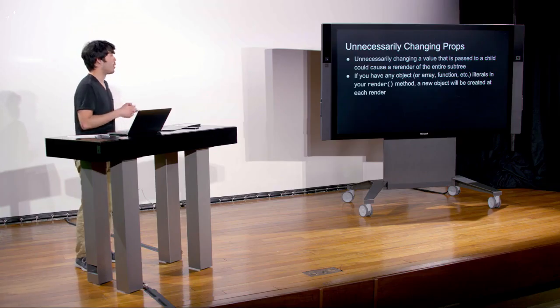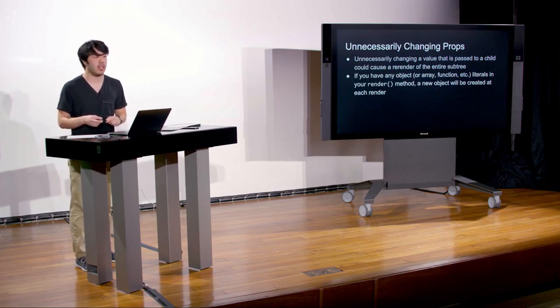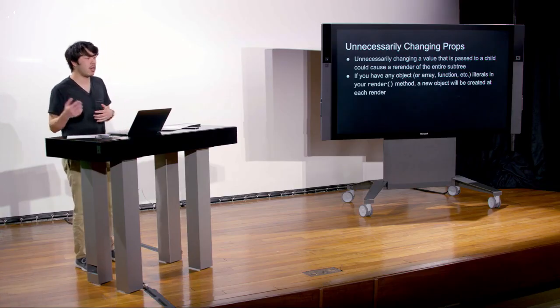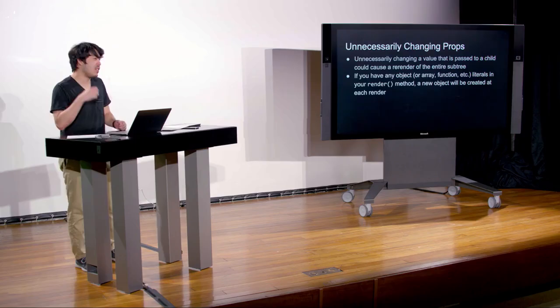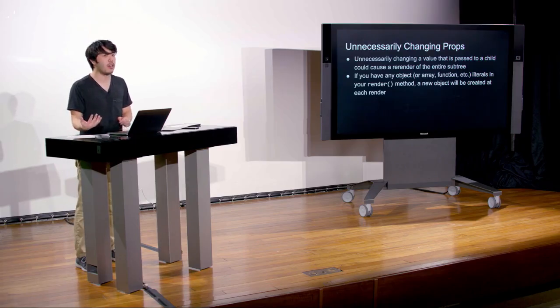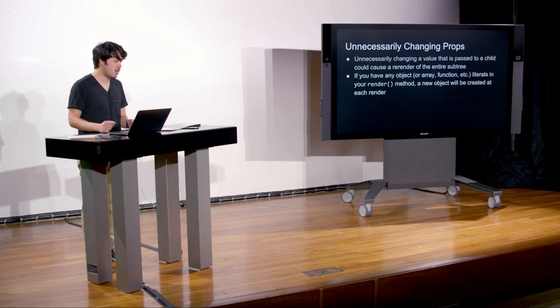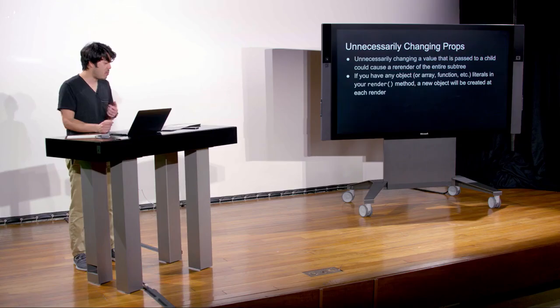This is something we see all the time. Say we have an object, an array, a function, or anything that can be expressed as a literal. Say we have an object literal in our render method. That means every single time this component is rendered, a new object is created, just because it's an object literal. So we might be rendering something that we don't intend to.